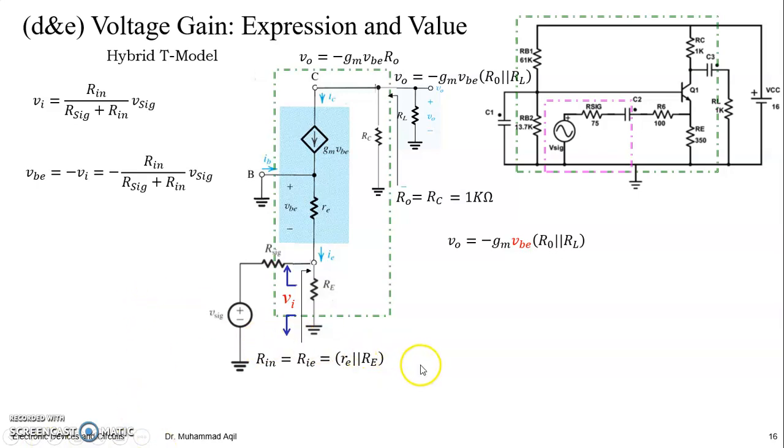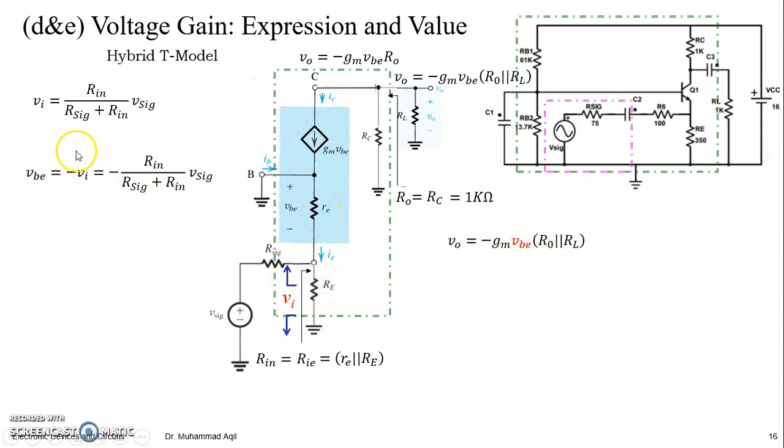So for AV, from input of the stage to the output with RL, I have to consider this equation: V out is equal to minus Gm VBE times R naught parallel to RL, right? And from input of the stage to this one, we want to have Vi here. So we have to replace VBE with something related to Vi.